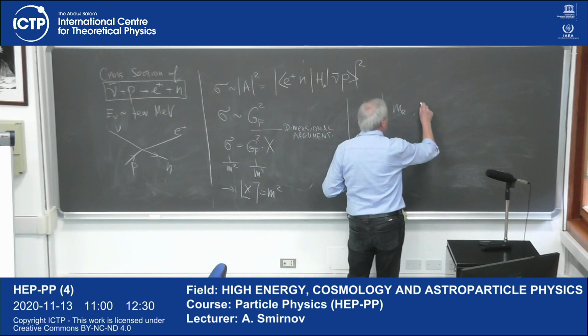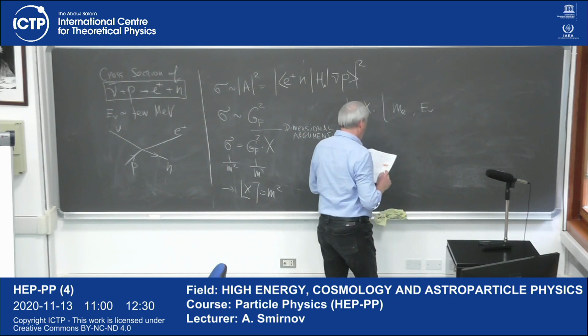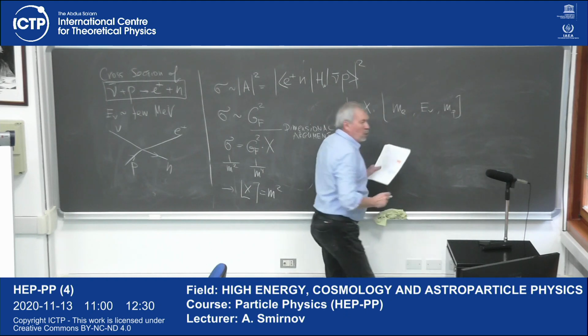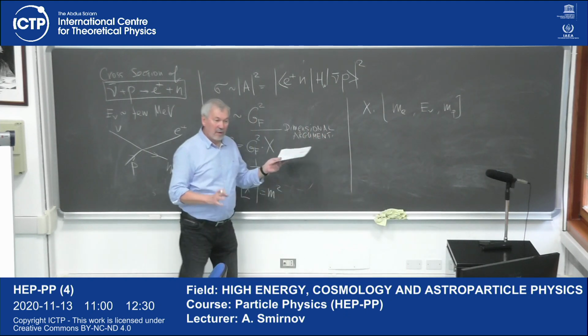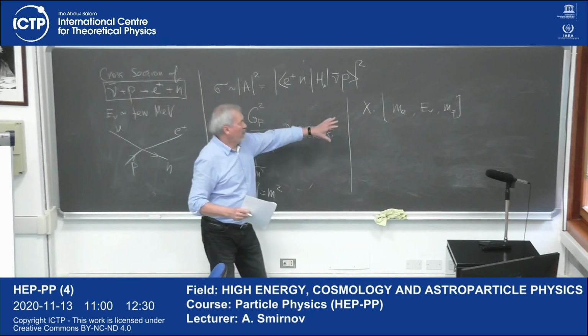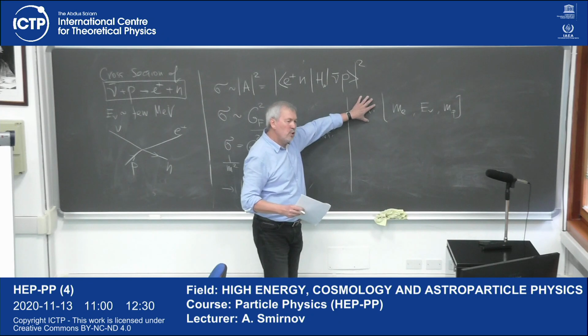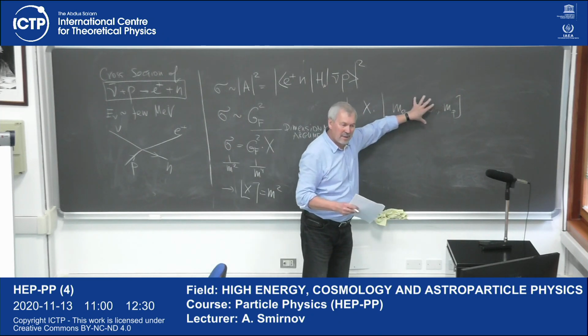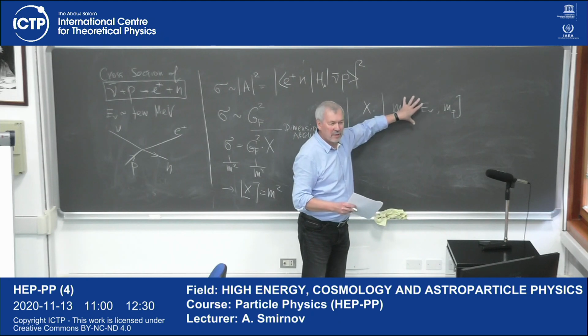We have the energy of the neutrino. And we have the mass of the proton. So these are the only available quantities of the dimension of energy. And therefore, x should be somehow composed out of these quantities. Agree?